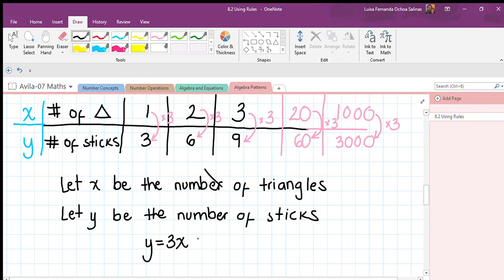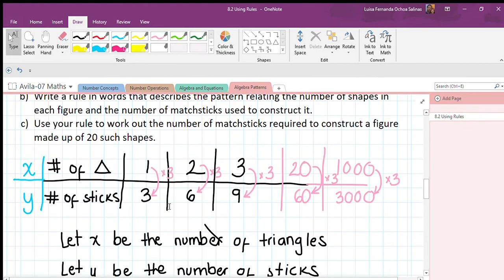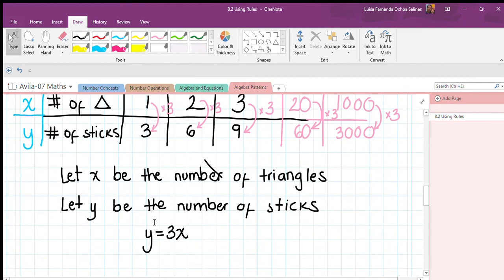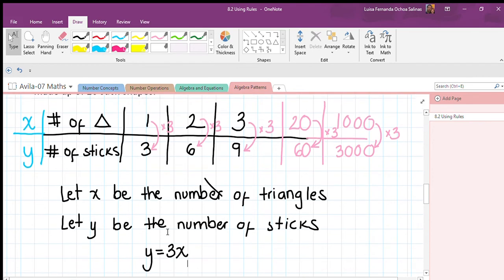Okay, and as you can see, if I sub in, for example, 20 triangles, I get that y is equal to 60. So that's our rule. So our rule helps us to find any term that we need, regardless of the previous one. So we don't have to do the iteration 1,000 times to get to the number that we're looking for.